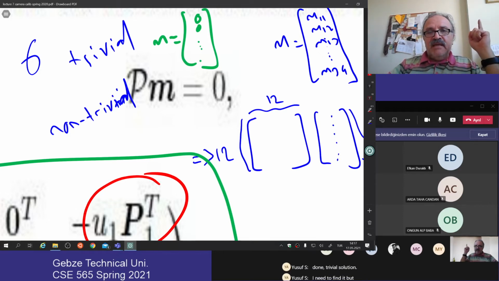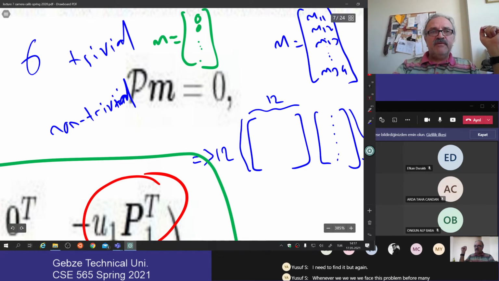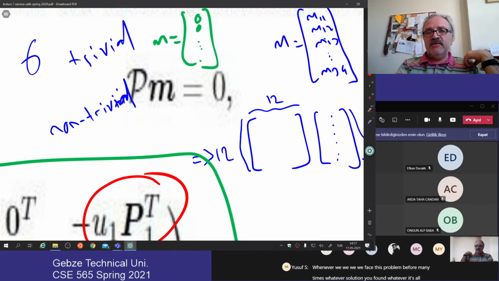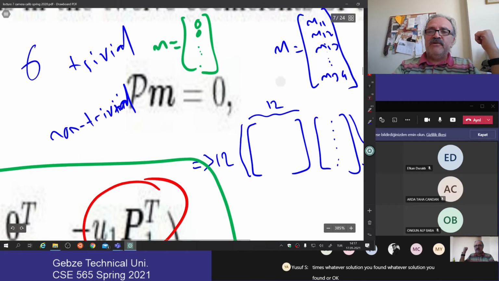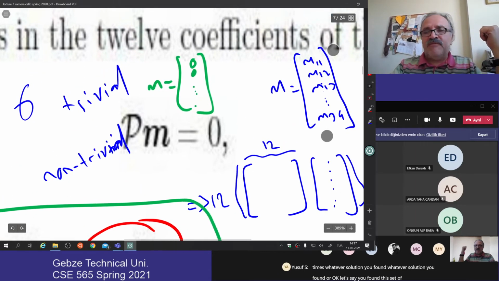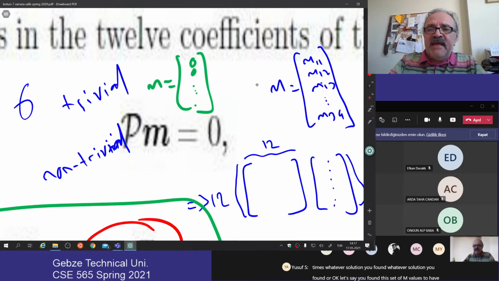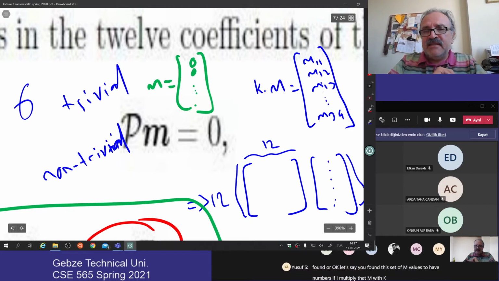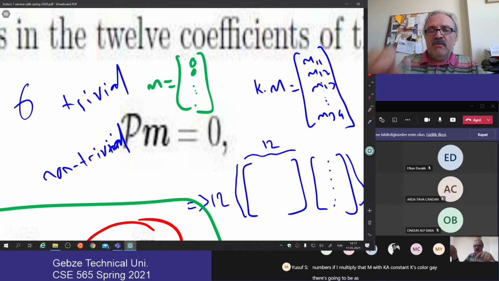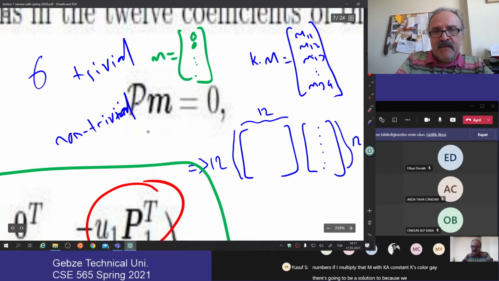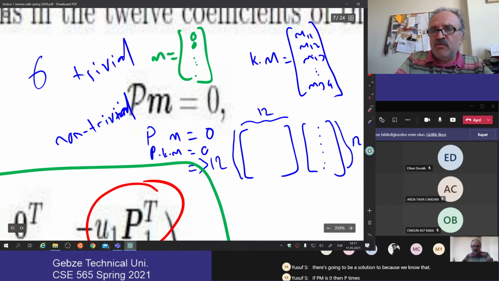But again, we faced this problem before many times. Whatever solution you found, let's say you found this set of M values, 12 numbers. If I multiply that M with a constant K, a scalar K, that's going to be a solution too. Because we know that if P M is 0, then P times K times M is going to be 0 too.